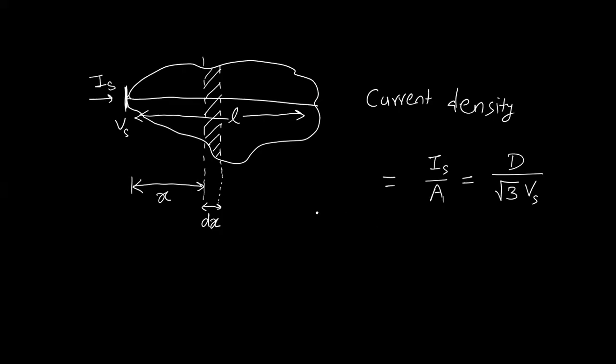So whenever we take a total area, or whether we take a small area like this, the current density is uniform. So in this strip, which is highlighted here, the current density is also the same. Okay. Now, what we are interested in is first of all the voltage drop.